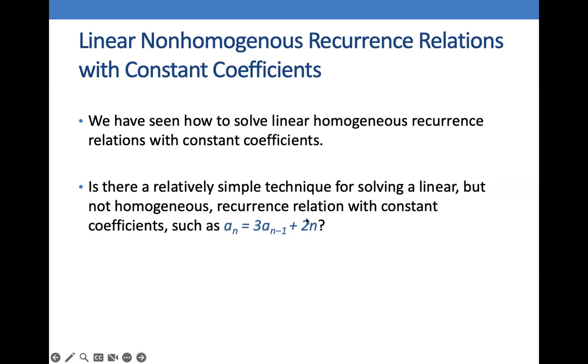But then we can see here that there is an addition of 2n. So, is there a relatively simple technique for solving a linear but non-homogeneous recurrence relation with constant coefficients, such as this RR that was mentioned?